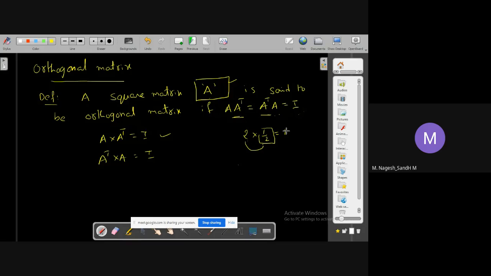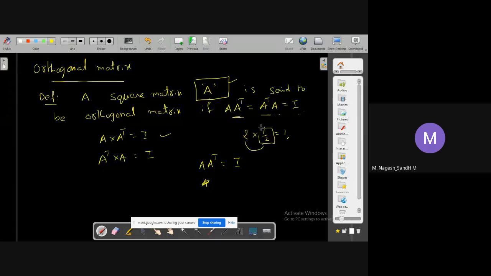When you get 1 on the right side, in the numbers, 1 is the identity. In the matrices, I is the identity. So now when you do A into A transpose equal to identity, what can you say about A transpose? For example, 2 into 1 by 2 equal to 1, therefore 1 by 2 is the inverse of 2.